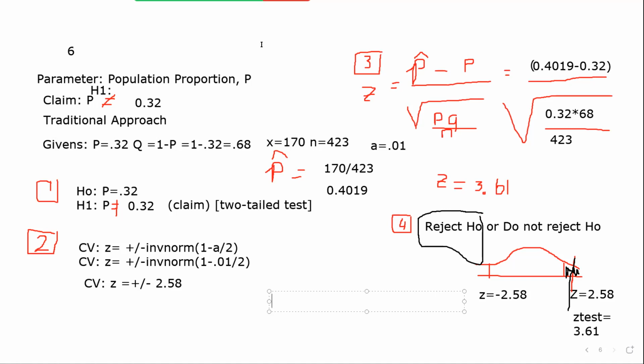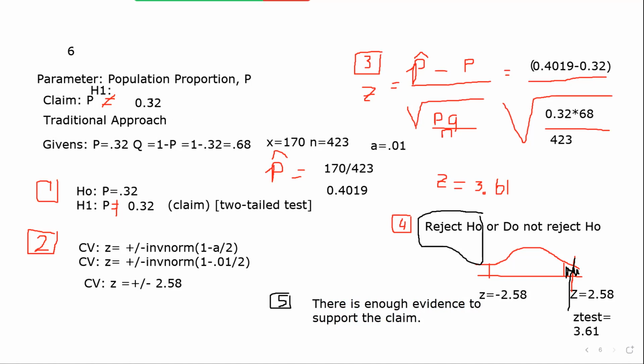Step 5 is going to be my summary statement. My claim was H1, okay? And I rejected HO. So from your flow chart, I can say that there is enough evidence to support the claim.